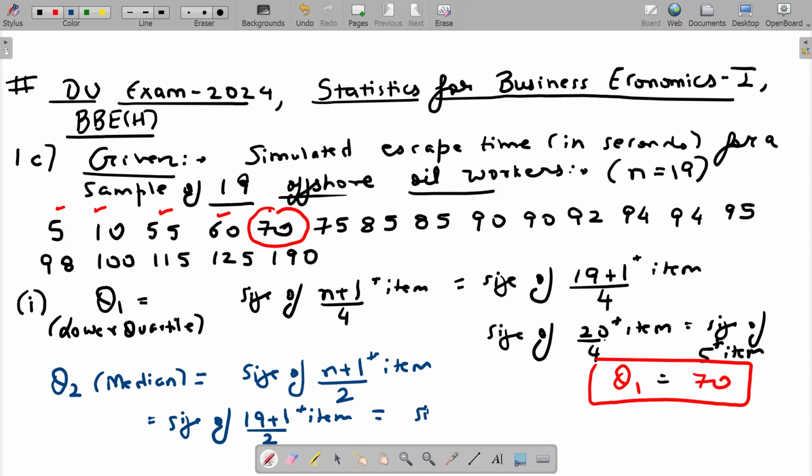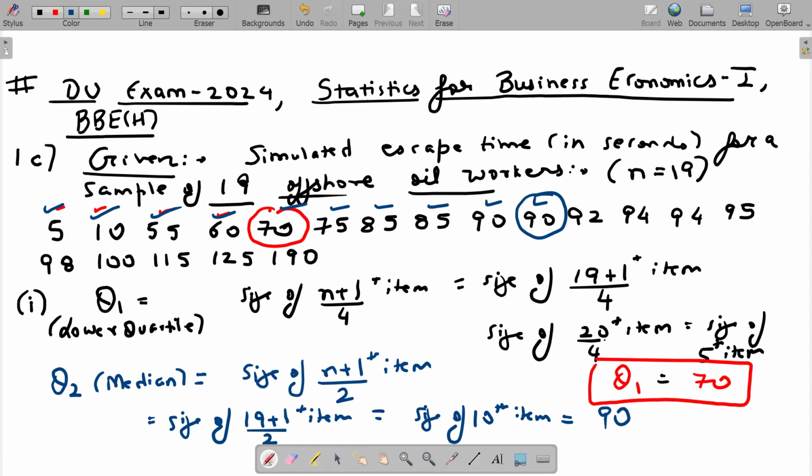So I can write the size of the 10th item. And how much is the 10th item? 1, 2, 3, 4, 5, 6, 7, 8, 9, 10. That means my Q2 is 90.